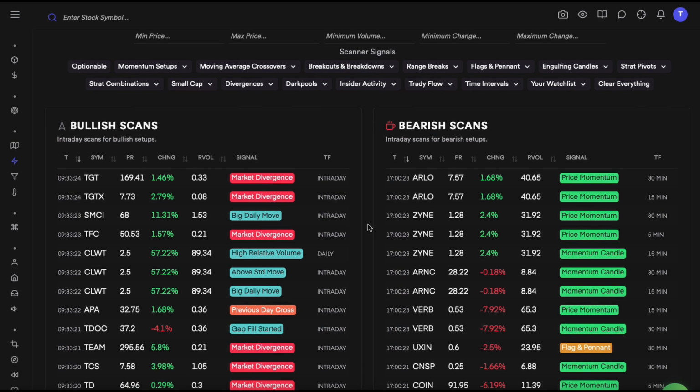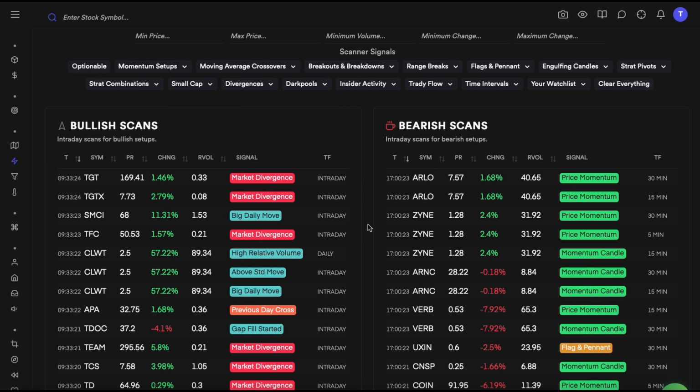We have tried our best to first separate these out into bullish and bearish signals, but second, name them in a way where you can easily understand them after you read them. So market divergence simply means these stocks are moving away from the overall market, which would be SPY, QQQ, and IWM. Previous day cross simply means we had a support or resistance level in the previous day that we have crossed today.